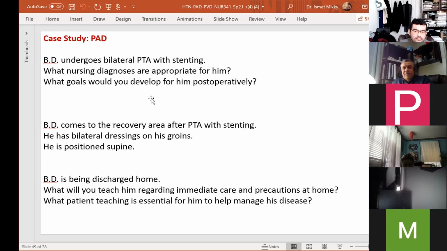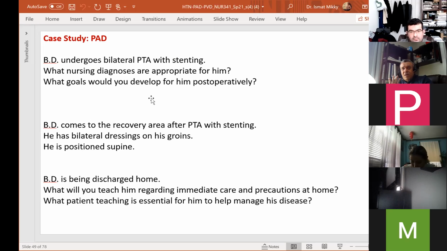Acute pain, that's the first one, right? What about the perfusion? Wait, I'm confused by the question. Is it before surgery or after surgery you're asking? No, in general. Before and after, anything that comes to your mind.